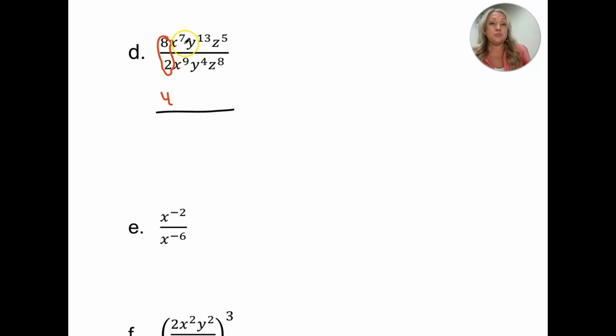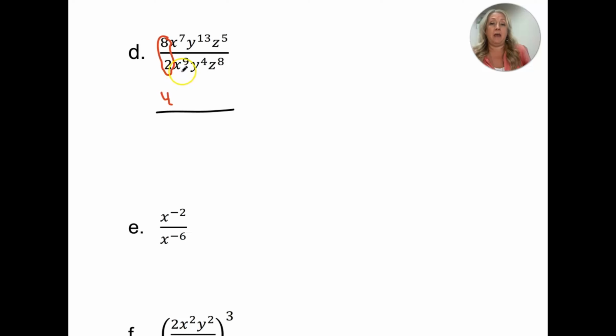Now we could subtract those exponents, and then we'd have to take the reciprocal, kind of like we did on an earlier example. However, another way to look at this, and to maybe keep it straight in your head, is to think, where are there more x's? Well, there's more x's in the denominator.